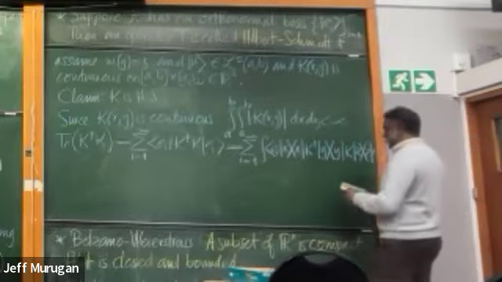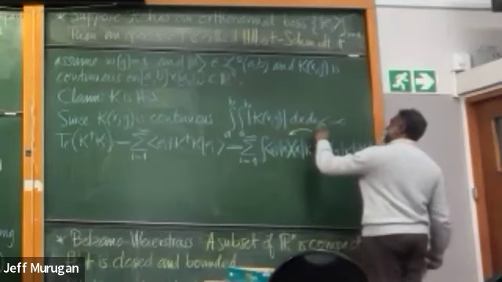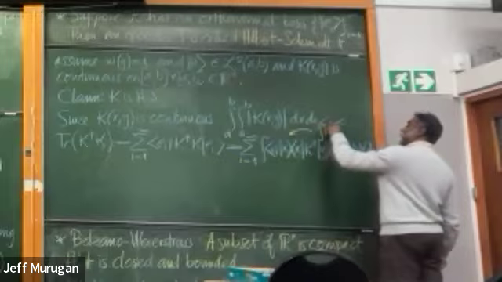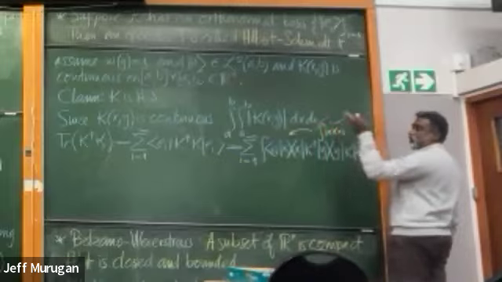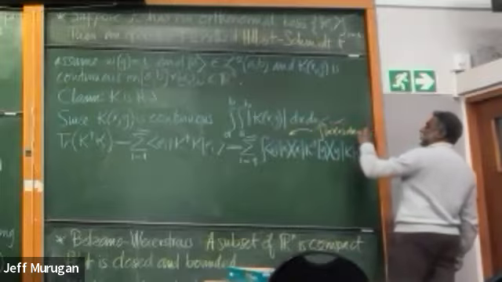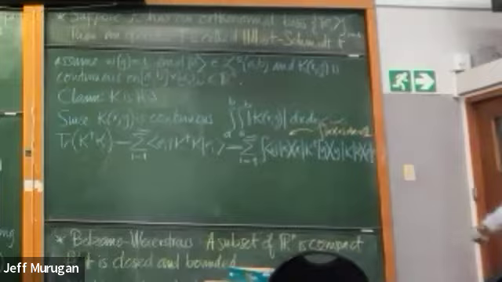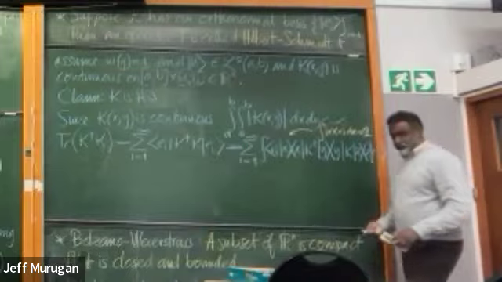All I've done is use the fact that the integral of ket x, bra x dx, and the same for y and z, is the identity. That's the resolution of the identity that comes from the fact that our Hilbert space is the space of square integrable functions.